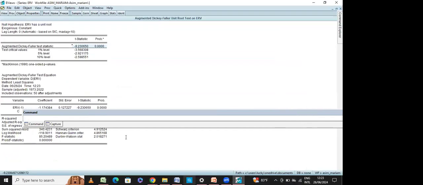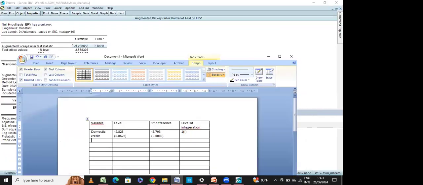So again I am going to write ERV, which is minus 9.230, and 0.000. I am not going to take the first difference because it is already stationary at level. So my order of integration is at level, 0.